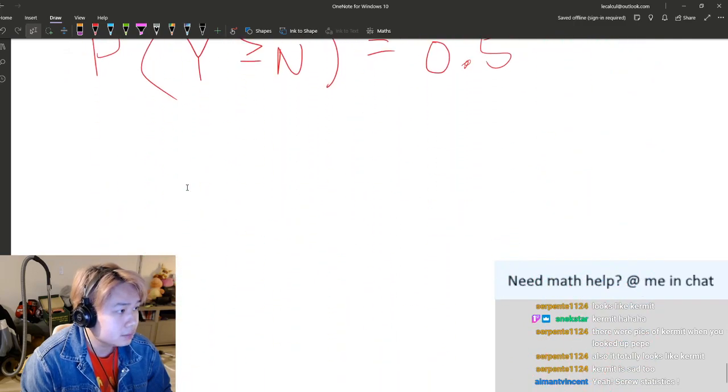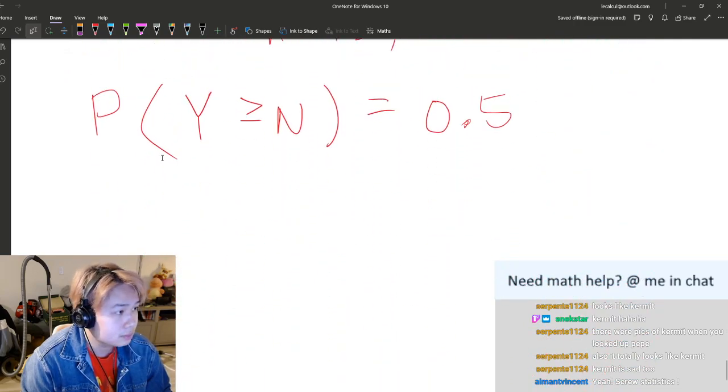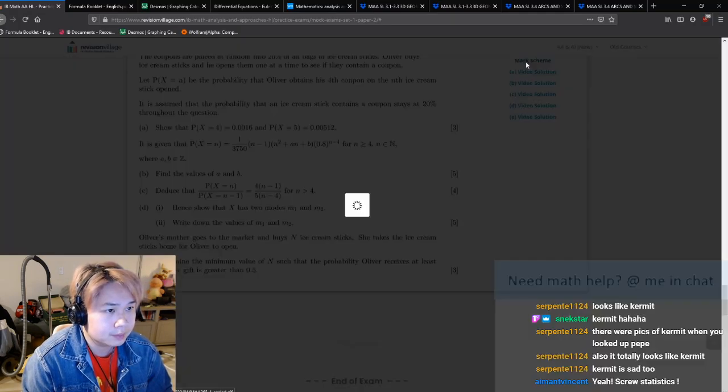And apparently this is a binomial cumulative function.